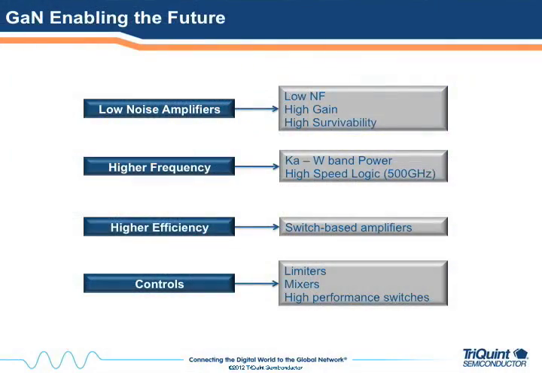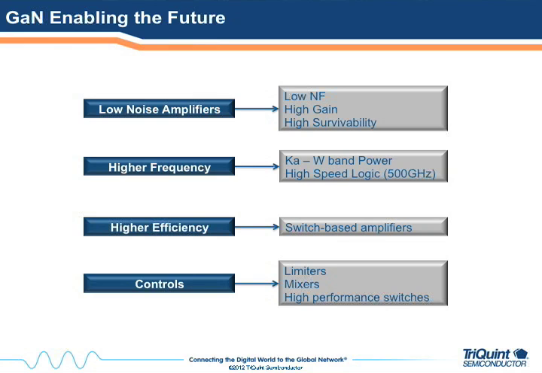High frequency. Again, we had the power levels up to Ku band. The next frequency point where there's a lot of customer interest is Ka band, both on the commercial side with VSAT as well as military radar and missiles and things of that nature. So the 0.15 process will give us the Ka band power and also give us the noise figure performance across that entire band up through Ka band.